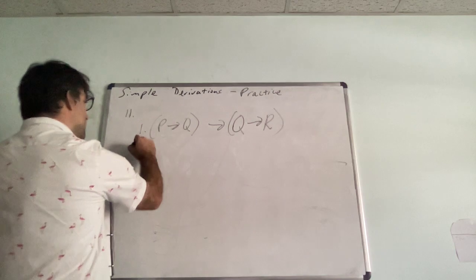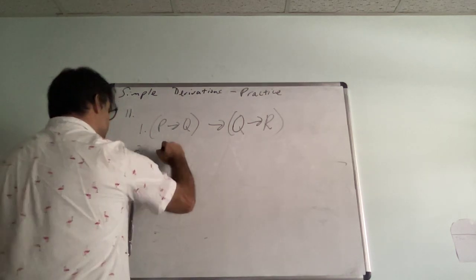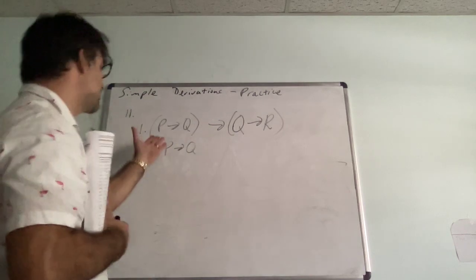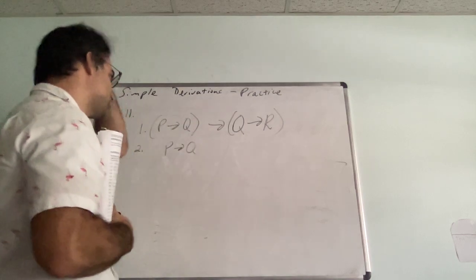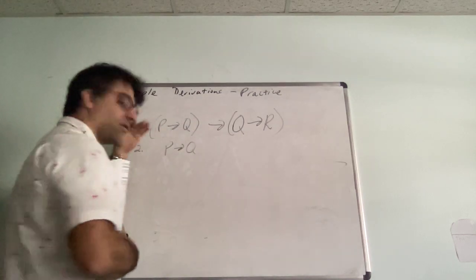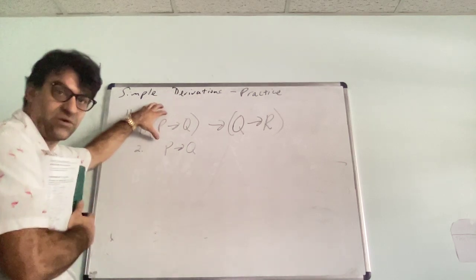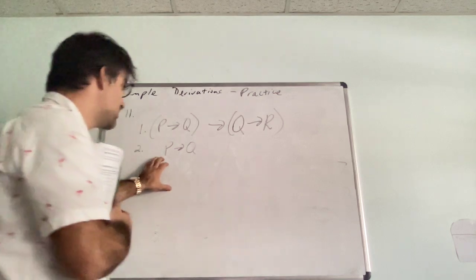Okay, premise 2: P does imply Q. It might seem weird to make a conditional statement like this, but it's because you don't know. Think of the scenario: you're not sure if Peter implies Quincy, you don't know what's going on, but someone tells you, yeah, Peter's bringing Quincy. So if we get Peter, we get Quincy.